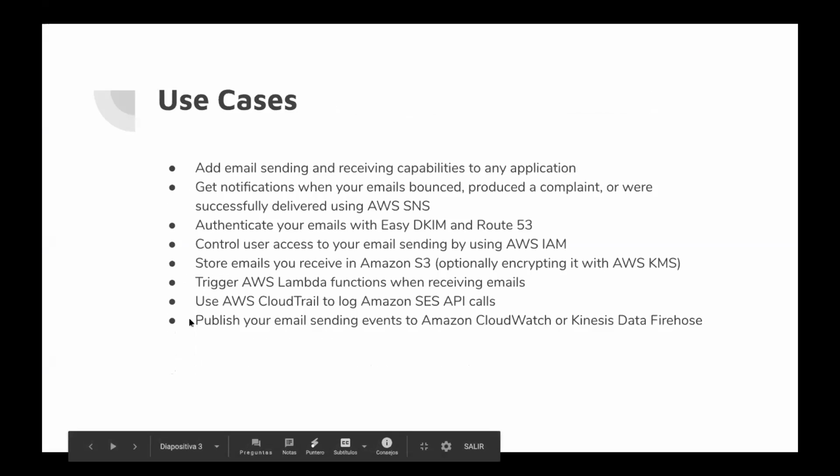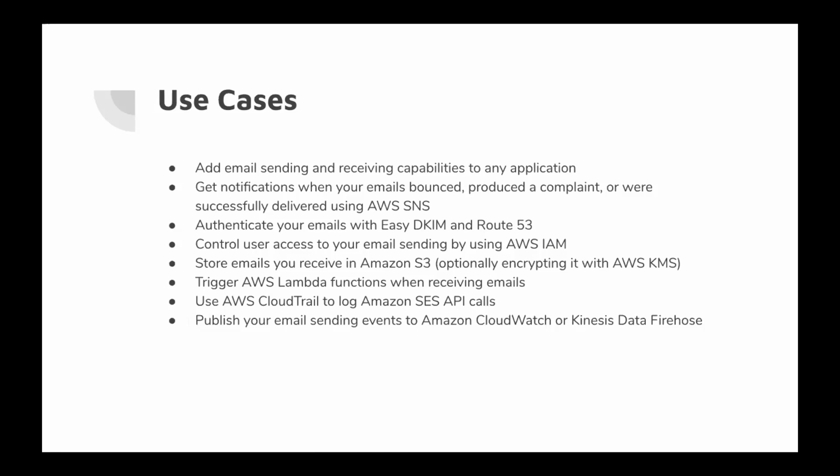And one important thing for email is that you don't need to take care of the IP reputation as you should if you build your own email server, which, if you haven't done it before, is a pain. AWS gives all the benefits for this service as it does for the other ones.